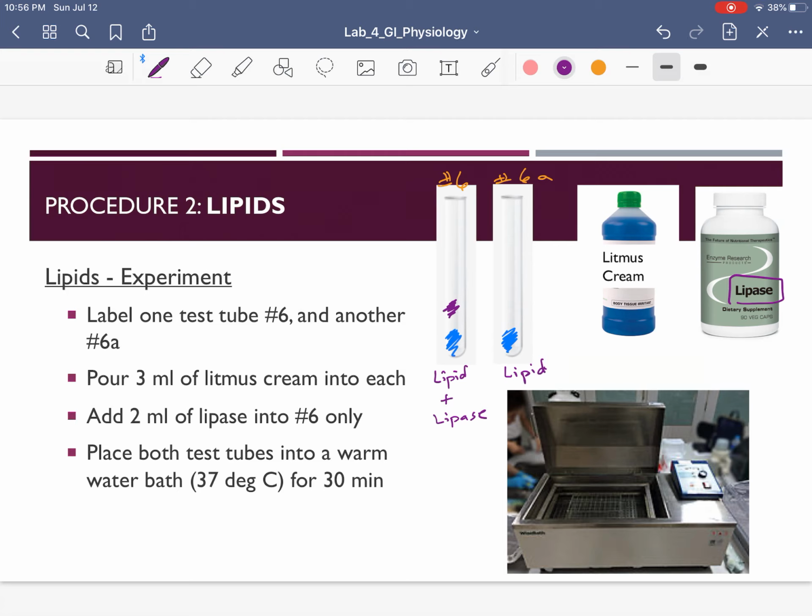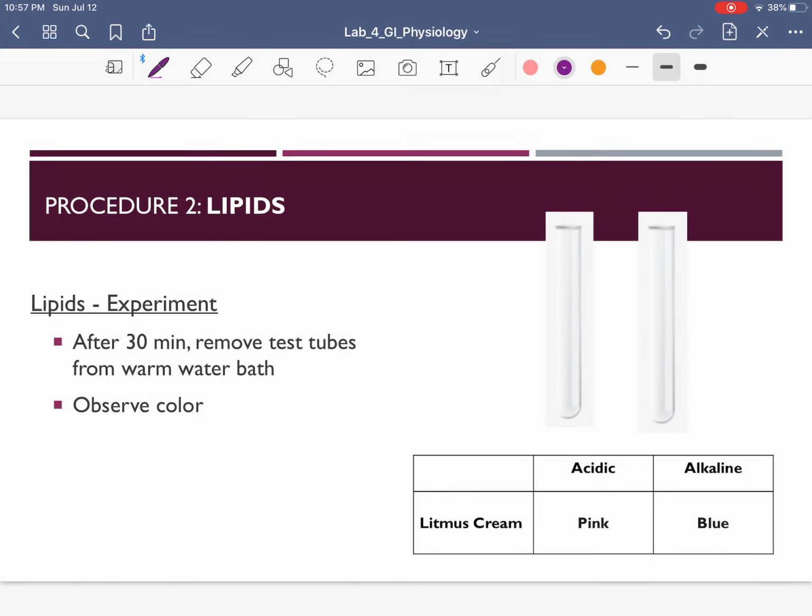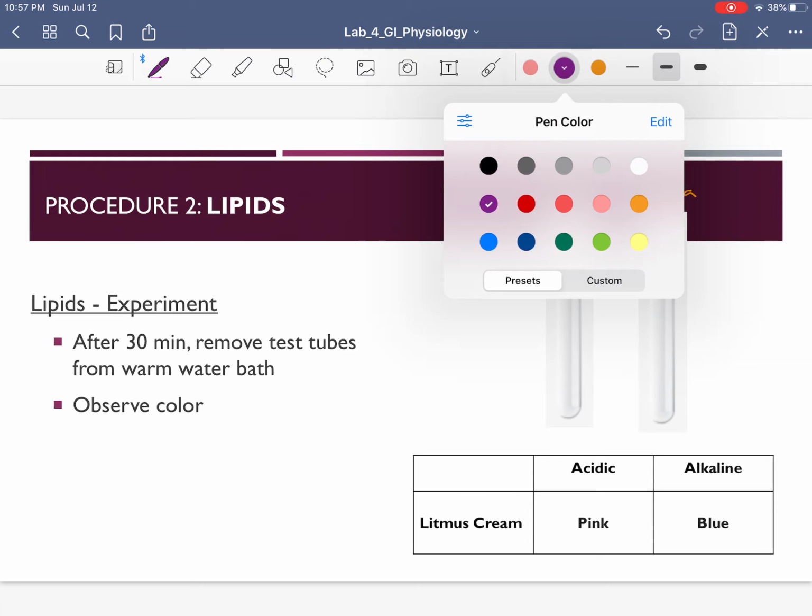We're going to put both of these test tubes into a warm water bath, again at about 37 degrees Celsius. Why? Because this approximates our internal core body temperature. After 30 minutes, through the magic of technology, we're going to pull out test tube number 6 and test tube number 6A. What are the colors we're going to see?